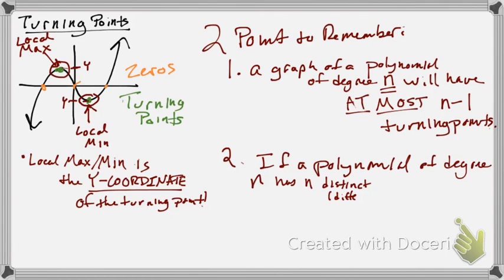If they're distinct, they're different, but we're talking about n distinct zeros, then there must be n minus 1 turning points.